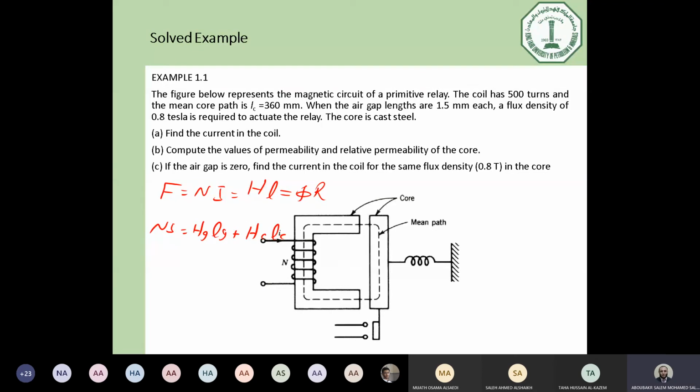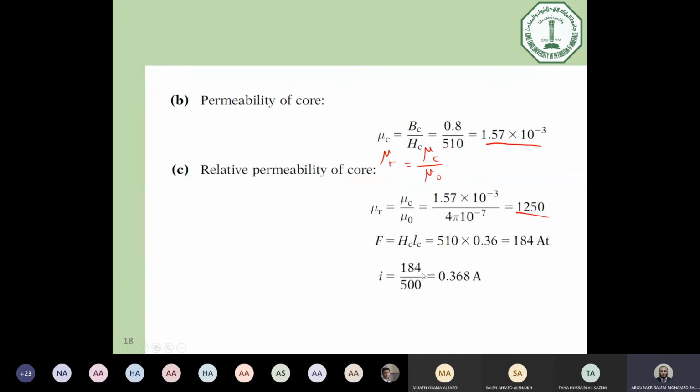We expect to have lower current. So simply, now this part of the equation is removed. So Ni will equal H core multiplied by L core. So you can obtain the current, which is I equal to the MMF for the core, which is 184, divided by 500. So only 0.36 amperes are required at the completely contacted cores. Any question?